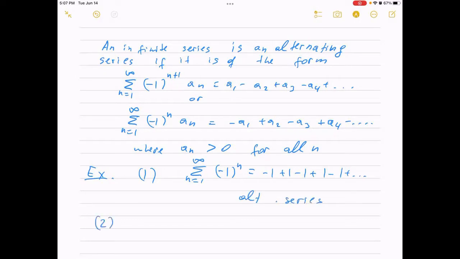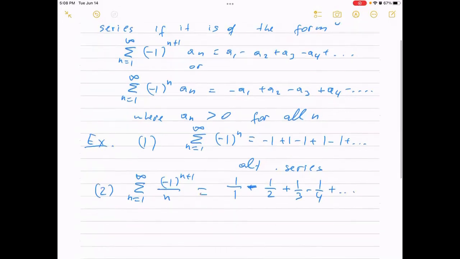Another example, the sum from n equals 1 to infinity of (-1)^(n+1) divided by n. So that's 1 over 1 minus 1 over 2 plus 1/3 minus 1/4 plus and so on. That is the so-called alternating harmonic series.